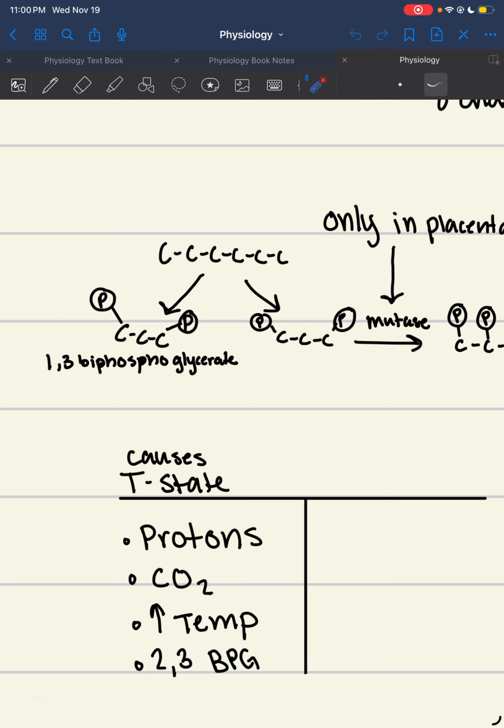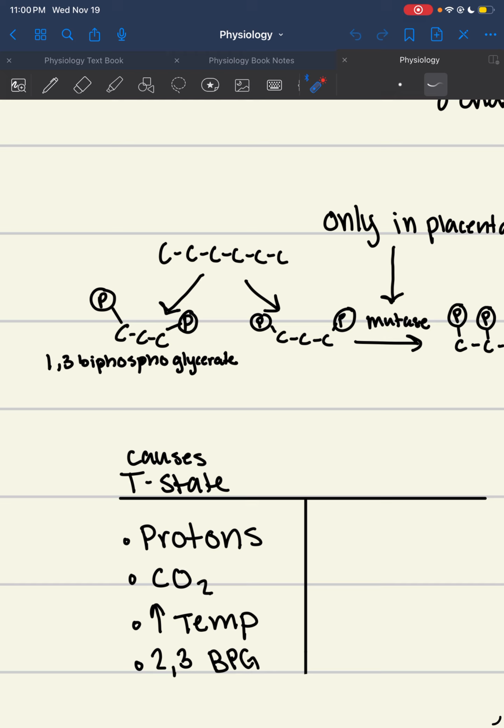Right shift decreases affinity. It increases the CO2, increases temperature, all that fun stuff. A left shift increases affinity. It decreases the CO2, decreases temperature, decreases acidity, like hydrogen ions, and it decreases the 2,3-BPG. Fetal hemoglobin also causes a left shift.